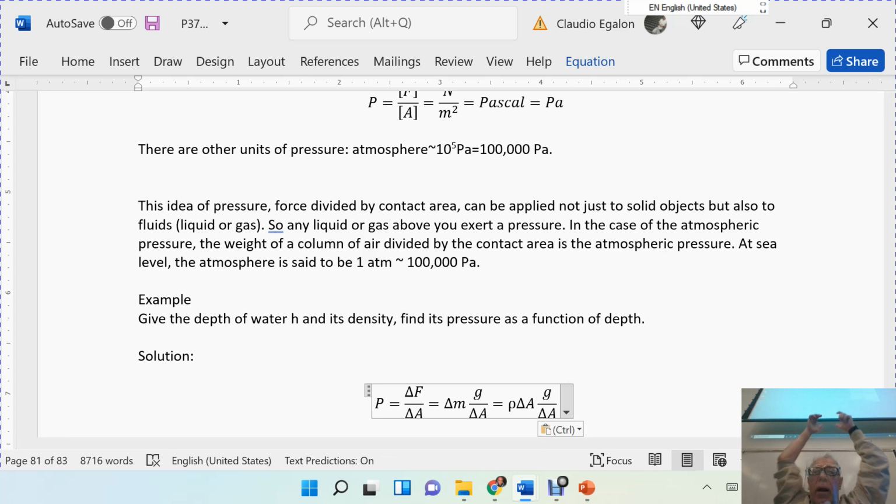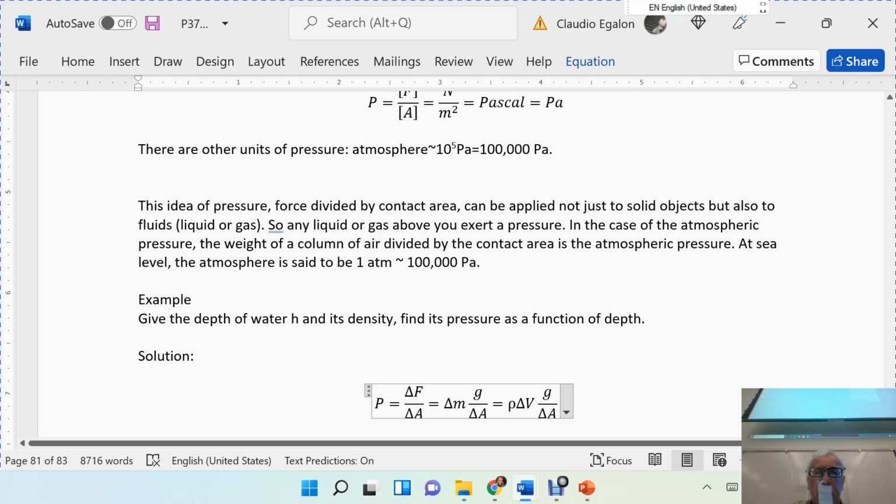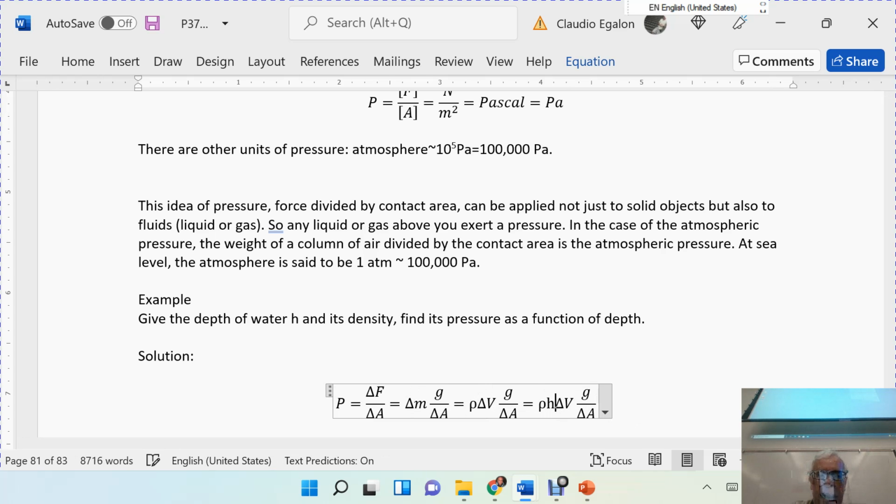This cylinder has a volume, delta V, a surface area, and a height h. Can you picture that? It's a cylinder of water above you, with height h and area delta A.